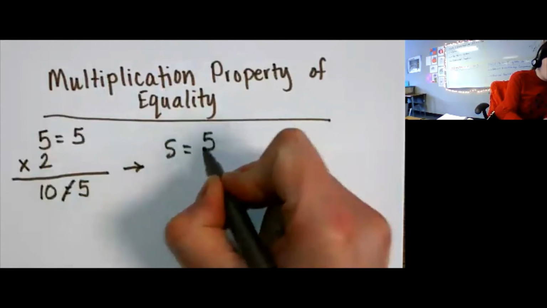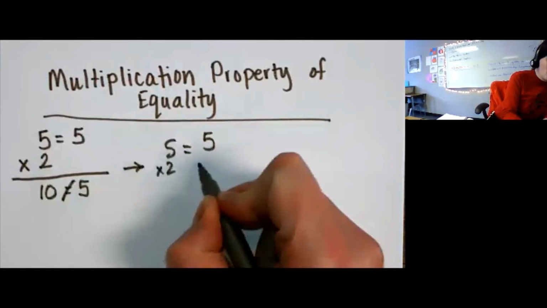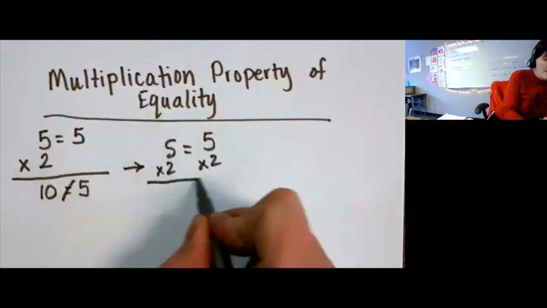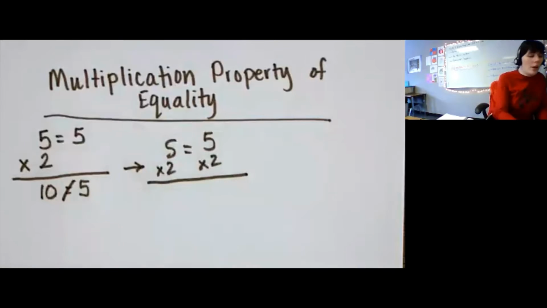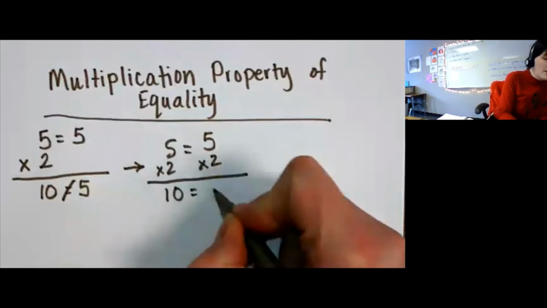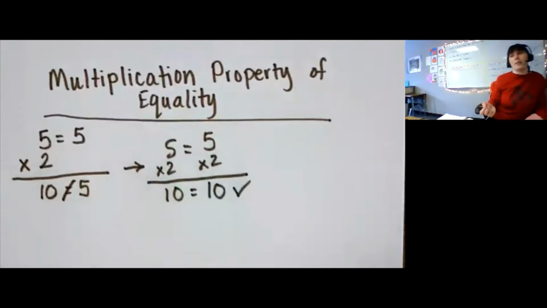And if I do multiply both sides by the same amount, multiplying both sides by 2, we are going to end up with an equation that is correct. 10 does equal 10. This should seem pretty familiar to you.